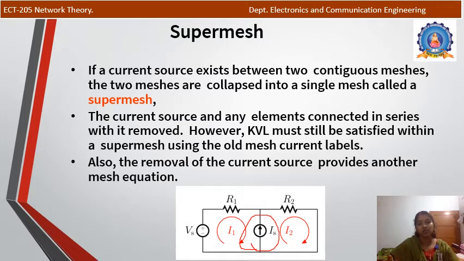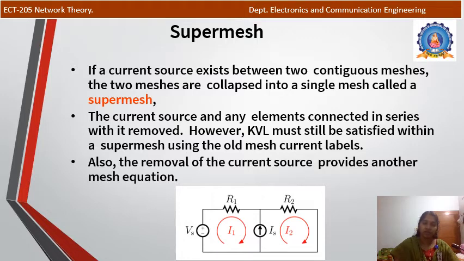That mesh is known as a super mesh. That means we will erase this portion and remove this current source Is, and so we get a large mesh that is known as a super mesh, right? So the current source and any other elements connected in series with it are removed, and KVL is applied to find the other parameters. The removal of the current source provides another mesh equation.